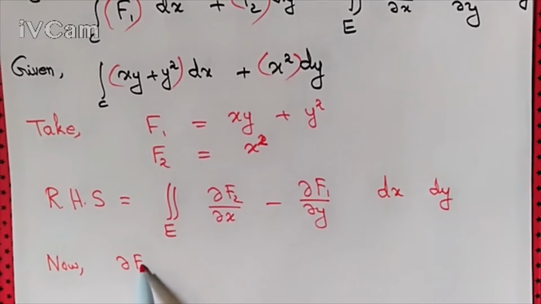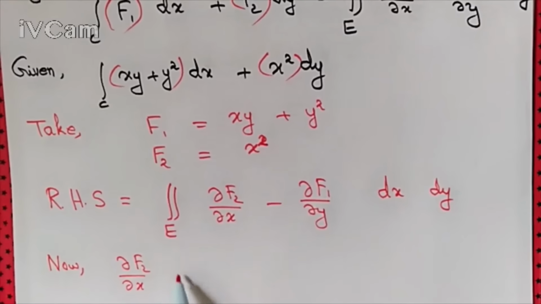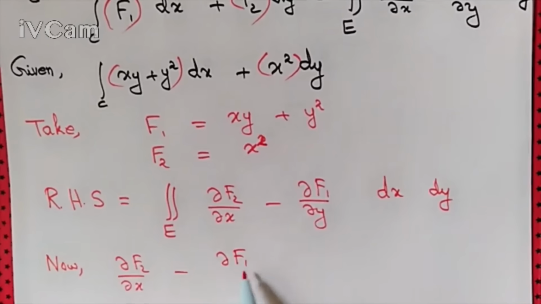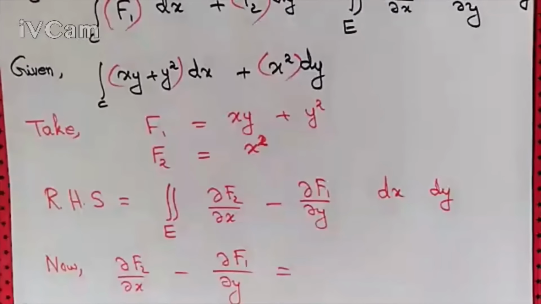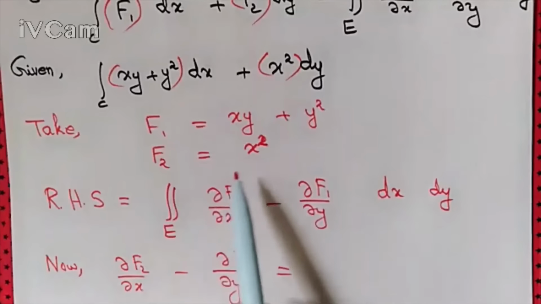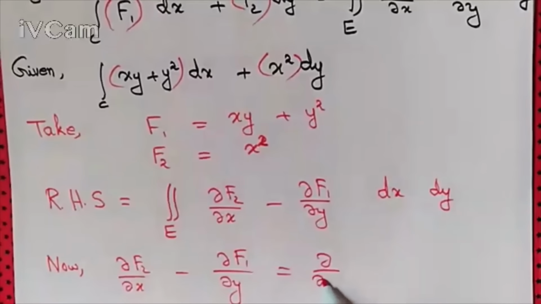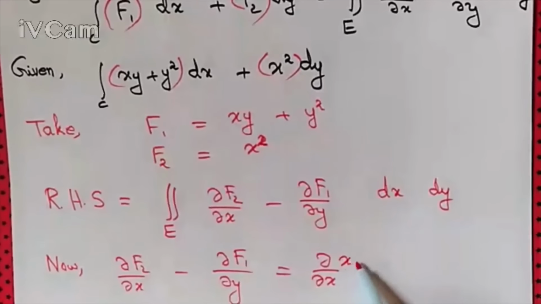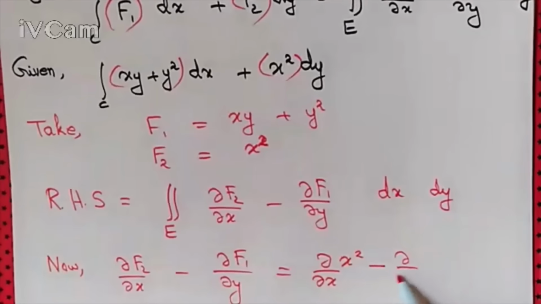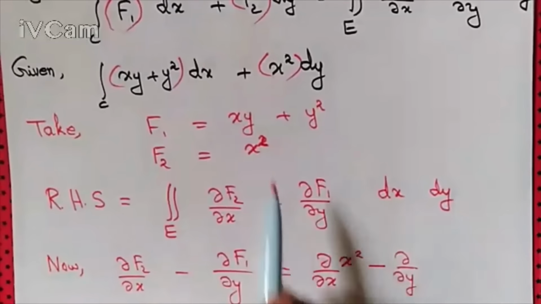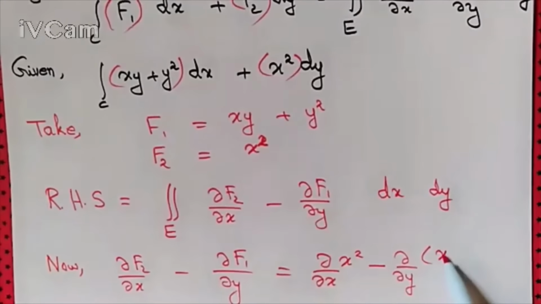Your f2 is x square, so it is del x of x square minus del y of xy plus y square.